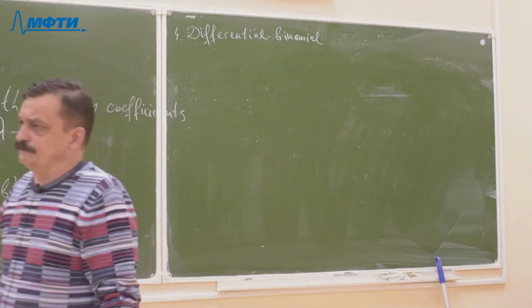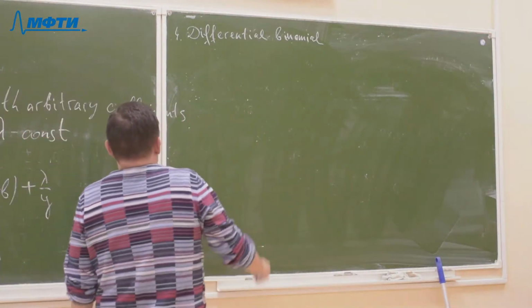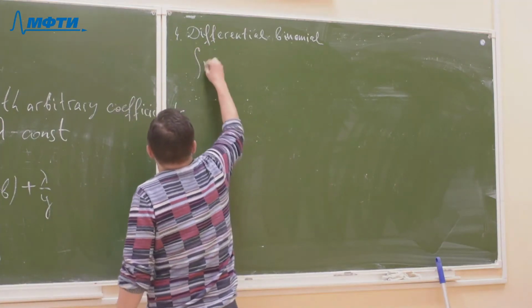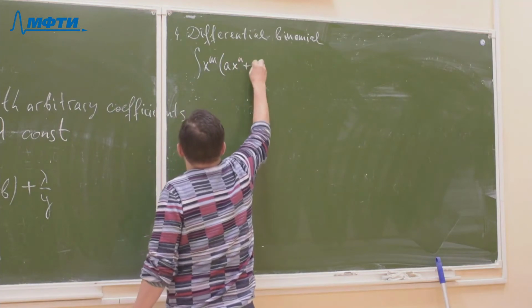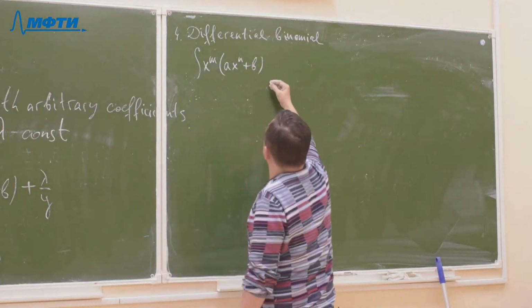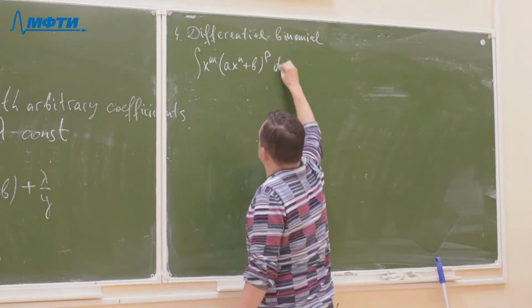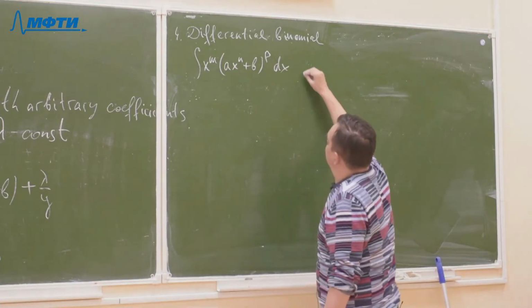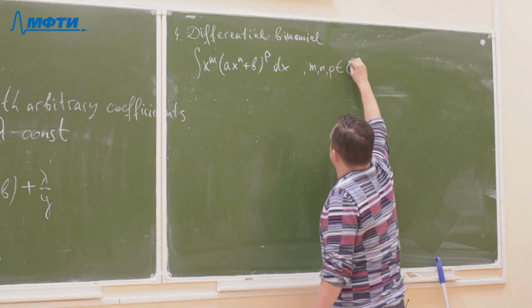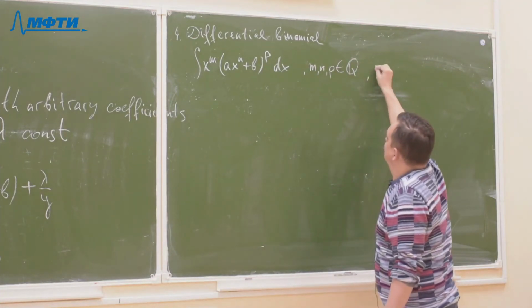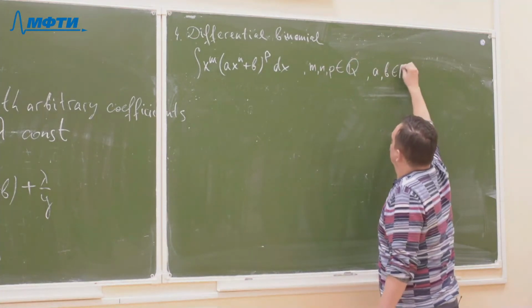That is an integral of the following form. Here, m and p are rational numbers, a, b are real numbers.